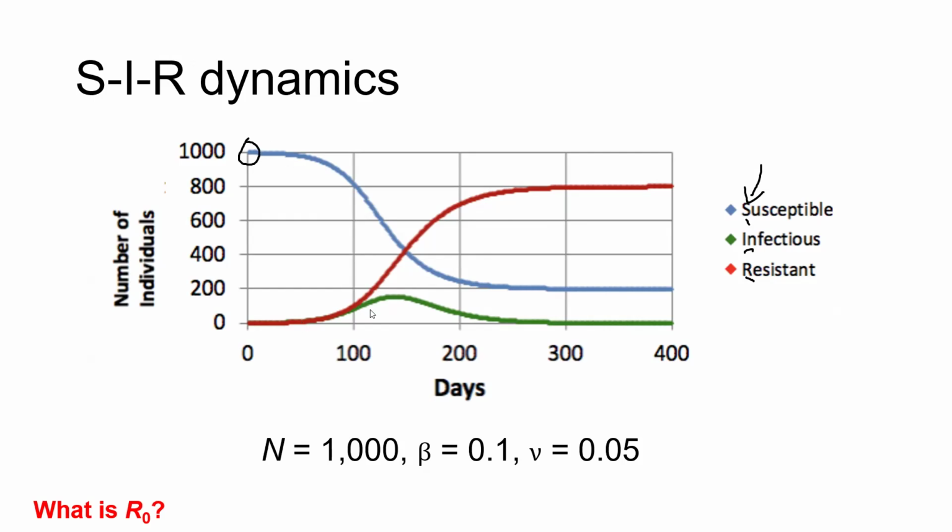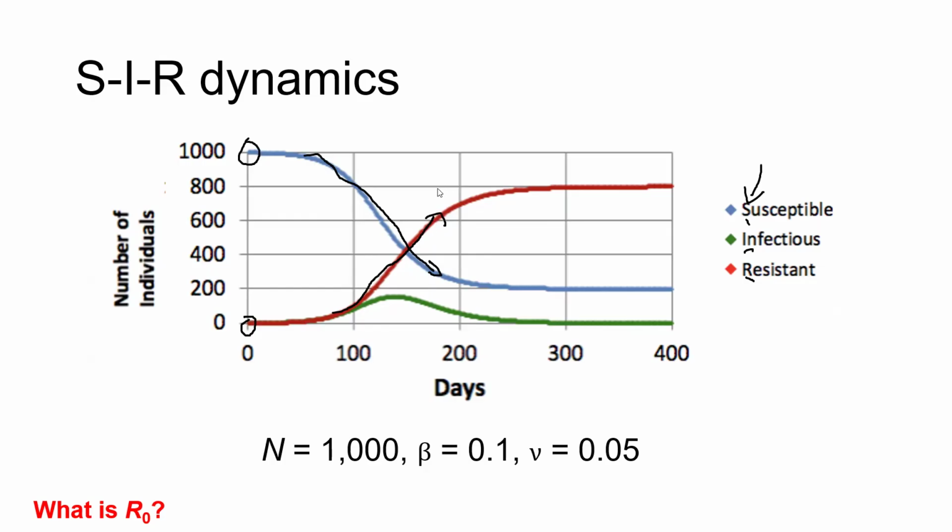And not surprisingly, as we start with 0% resistance or 0% removal, as the number of individuals move into the recovered phase, the number of susceptible individuals will also decrease because you are being removed from the population of potentially being infected.